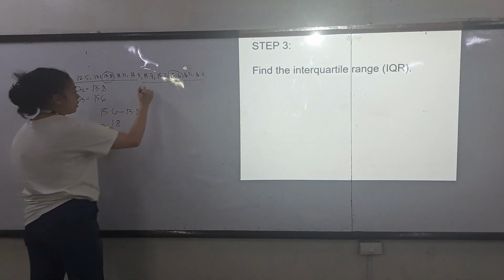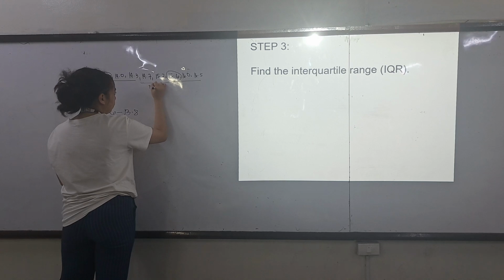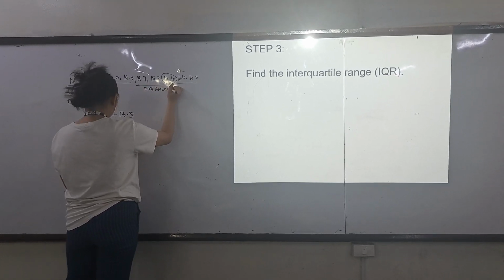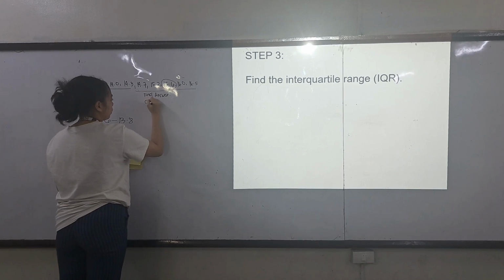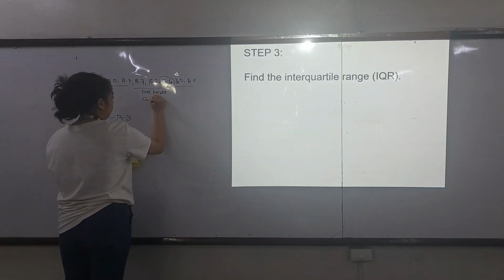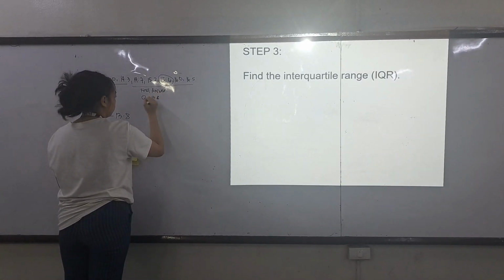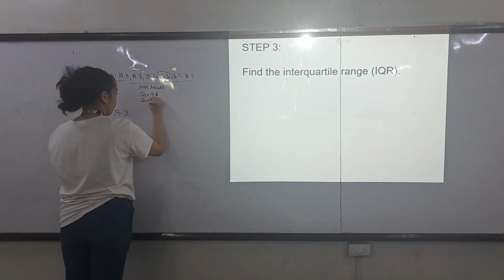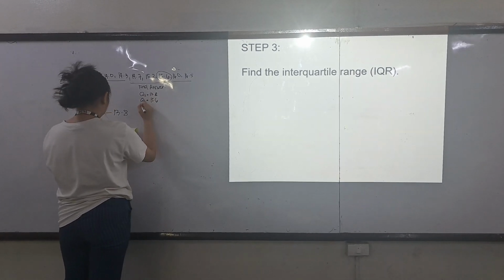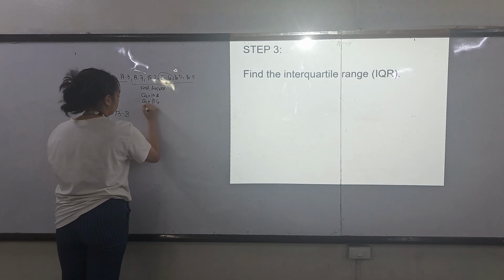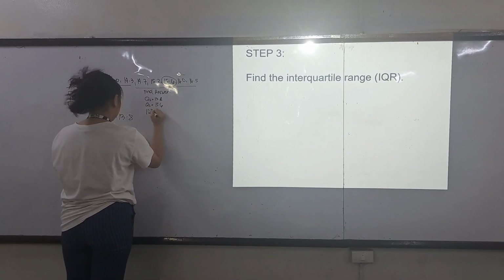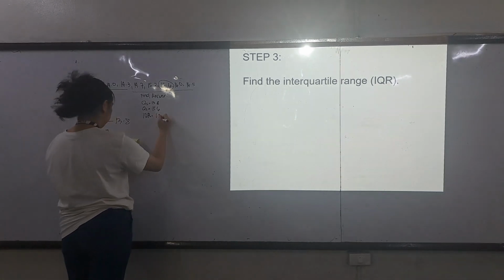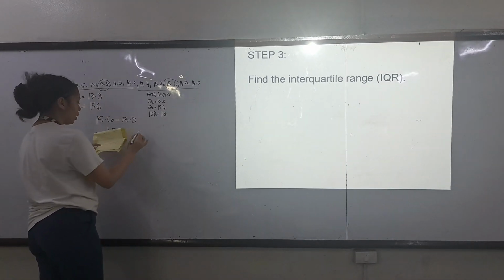So the final answer would be: the first quartile is equal to 13.8, the third quartile is 15.6, and the interquartile range is 1.8.